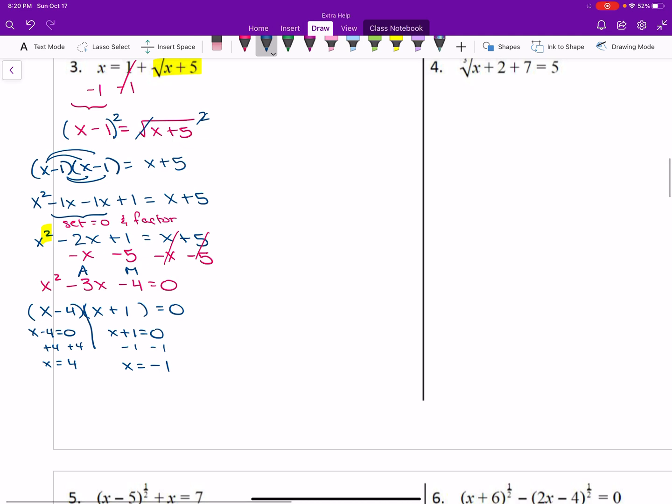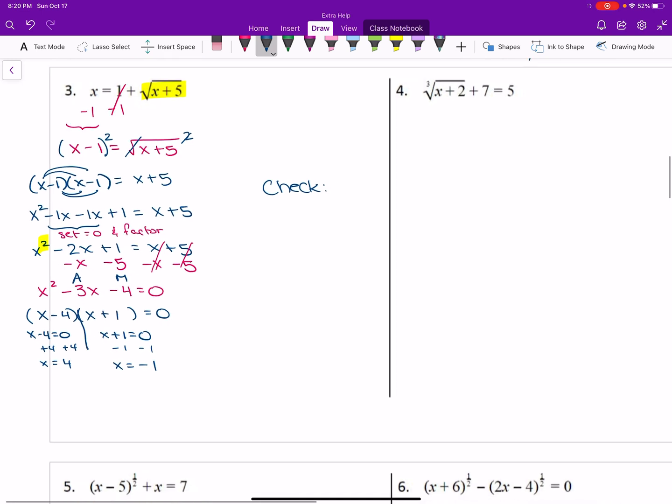From here, we do need to check still. And again, you are checking in the original equation before you had done anything to the problem. When you go to do the check, you need to do each one separately. So I'm going to start with the x equals 4.